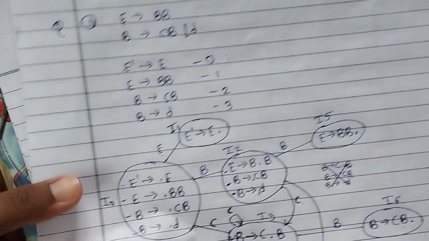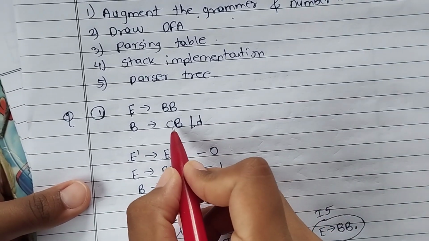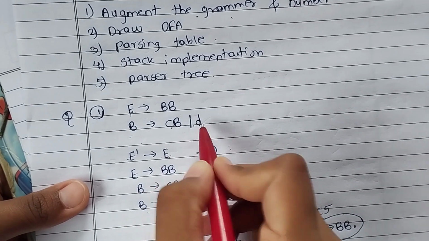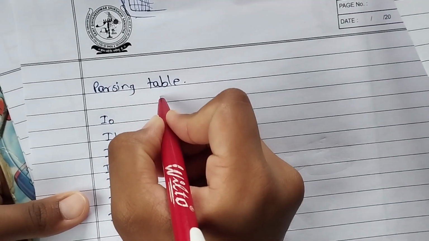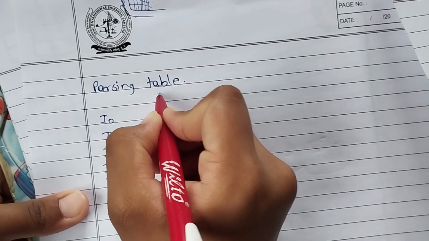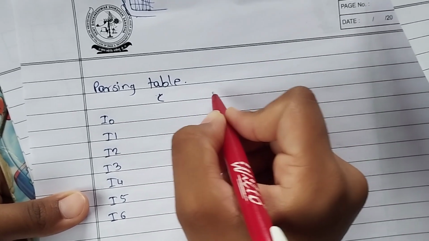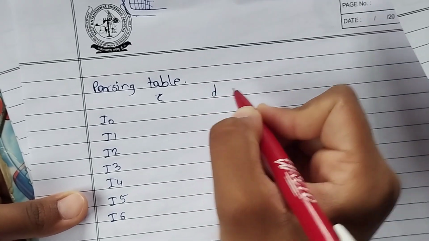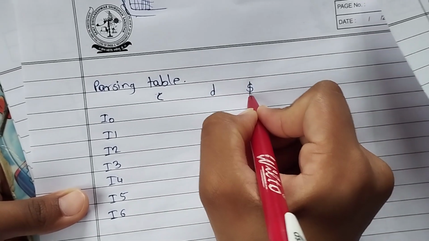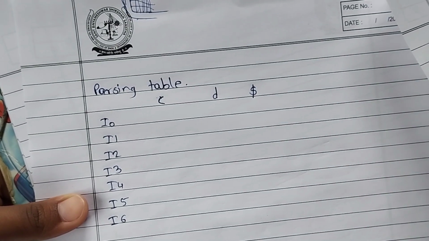First we write all the terminals. So what are the terminals? The opening bracket and D. These are the terminals, and the non-terminals are E and B. So first we write all the terminals: the opening bracket and D, and one more, dollar, is a must in any parse table or input string everywhere.